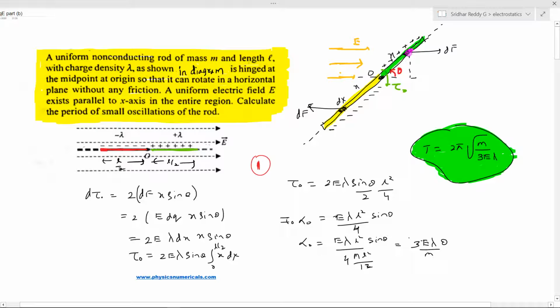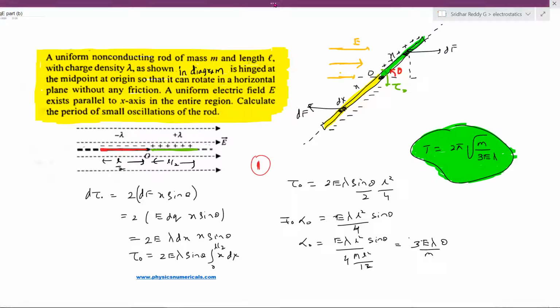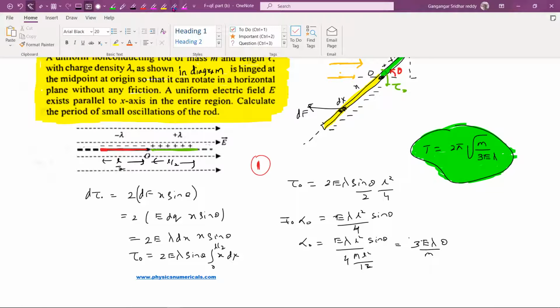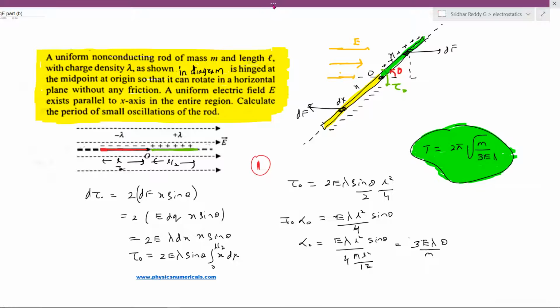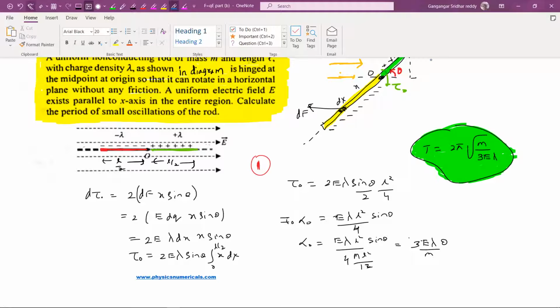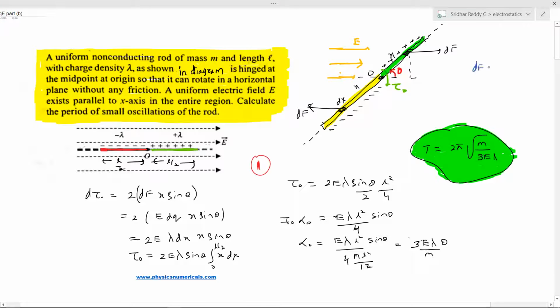Then the force on that element will be towards the right because it is a positively charged element, and the force acting will be in the direction of the electric field. So dF should be equal to dq into E. A positive charge will experience the electrostatic force in the direction of the electric field.